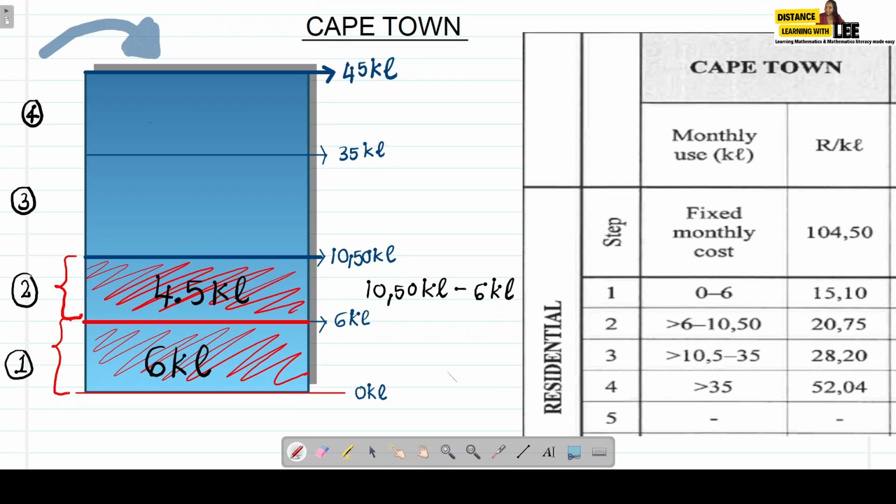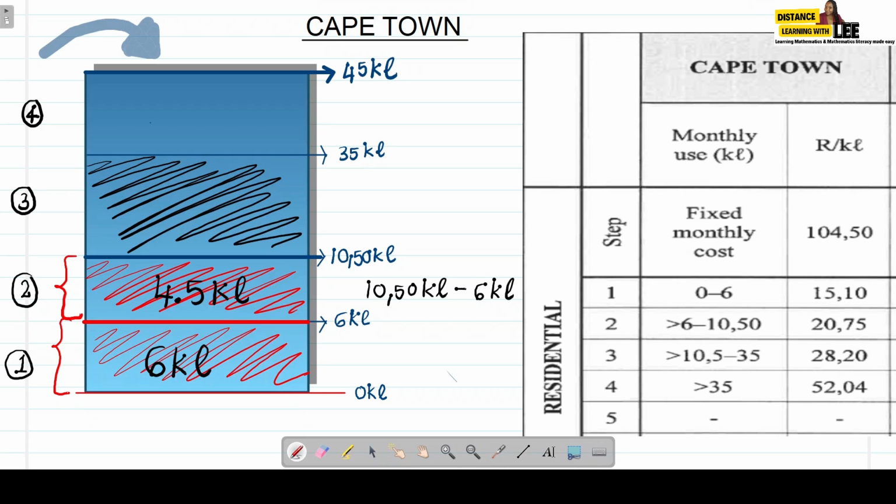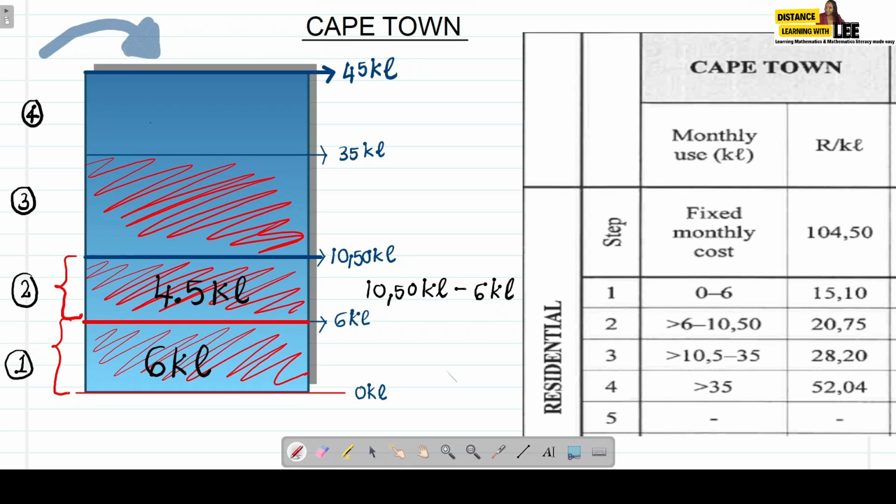Okay, let's continue. We continue to pour water into our JoJo tank until we reach that 35 kiloliter mark. However, we want to find out how much water was poured into the third region.